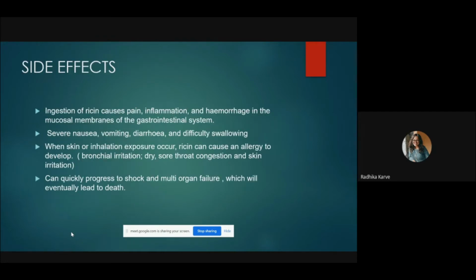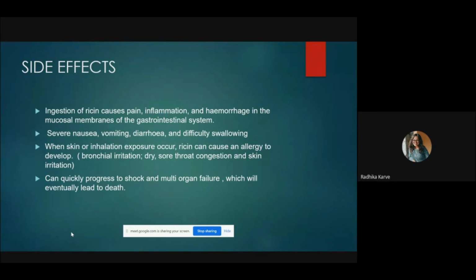There are quite a few side effects for ricin, even if it is taken in a very small amount. If it's ingested through the mouth, like if we eat it, then it causes pain and swelling and sometimes bleeding as well in our intestines.